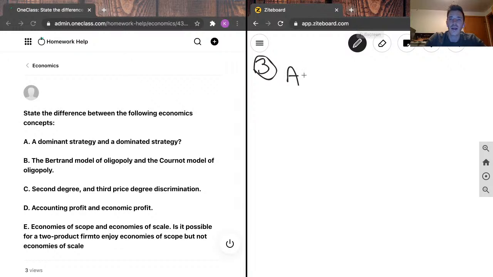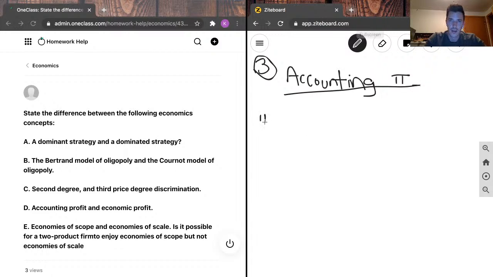So we've got our accounting profit. This is kind of the classic use of the word profit. This is what you think when you think of profits. I'm going to denote profits with the symbol pi.